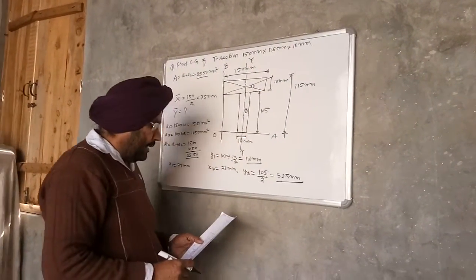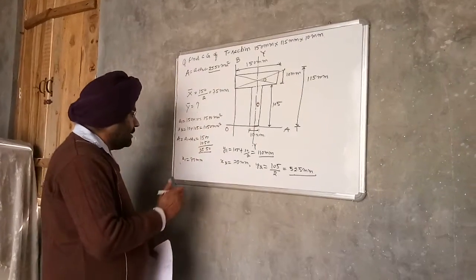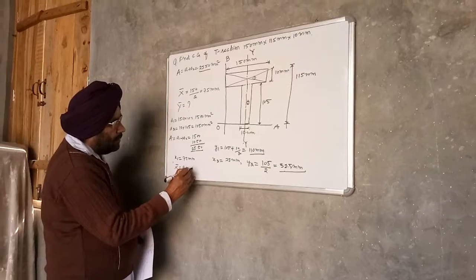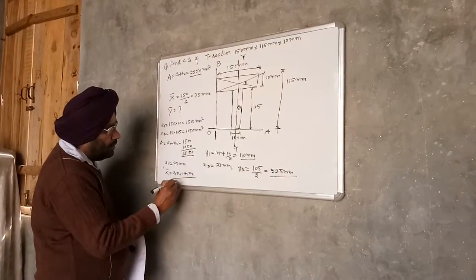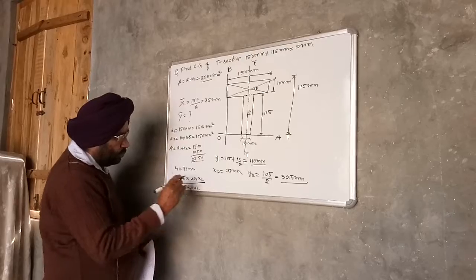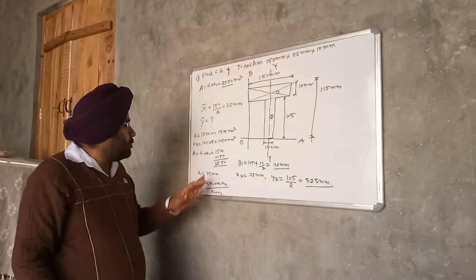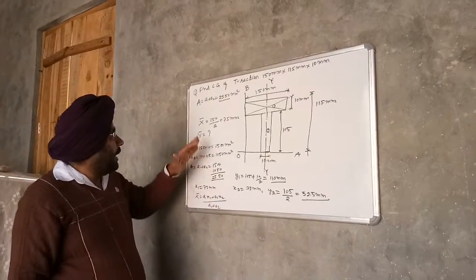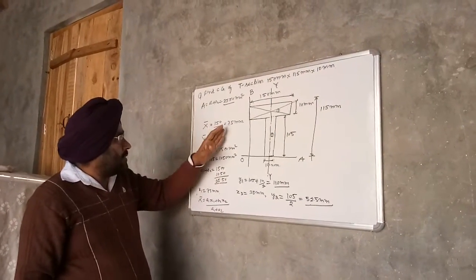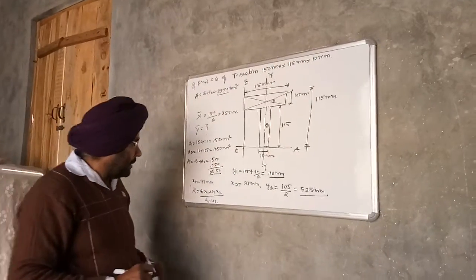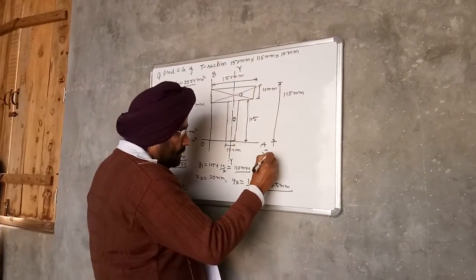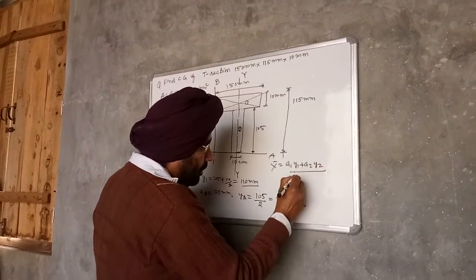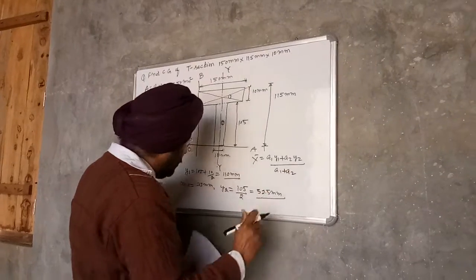Then x bar is (A1 x1 plus A2 x2) upon (A1 plus A2). Putting the values in this equation, we can determine x bar, but already we have determined x bar, this is 75 millimeter. Then y bar is (A1 y1 plus A2 y2) upon (A1 plus A2).